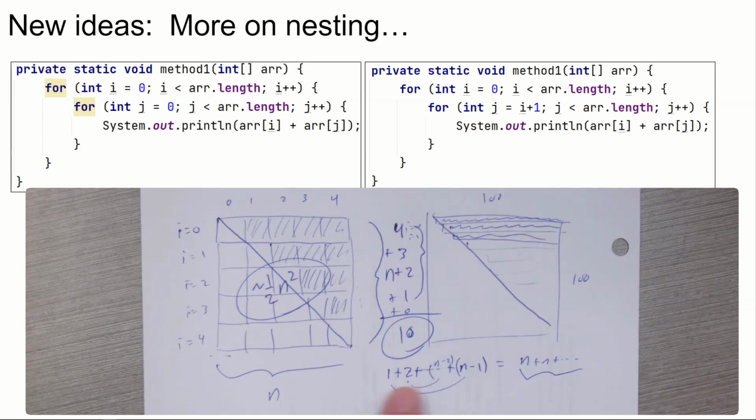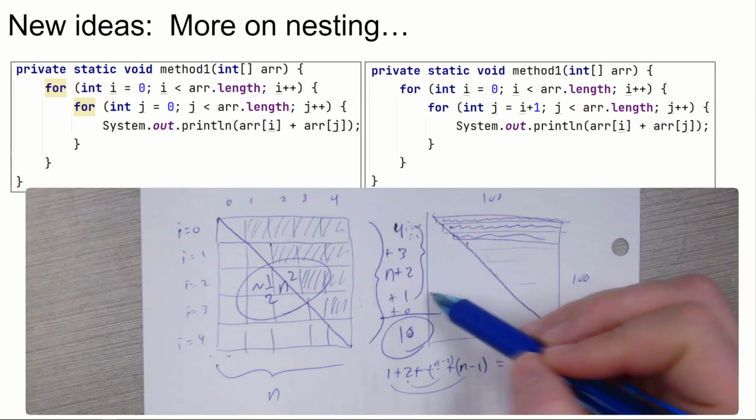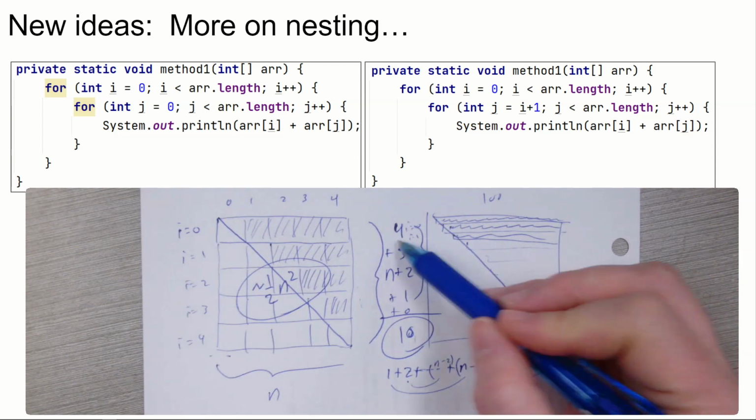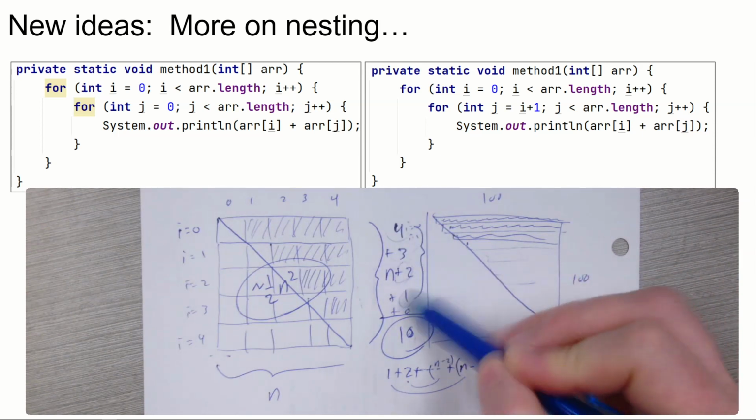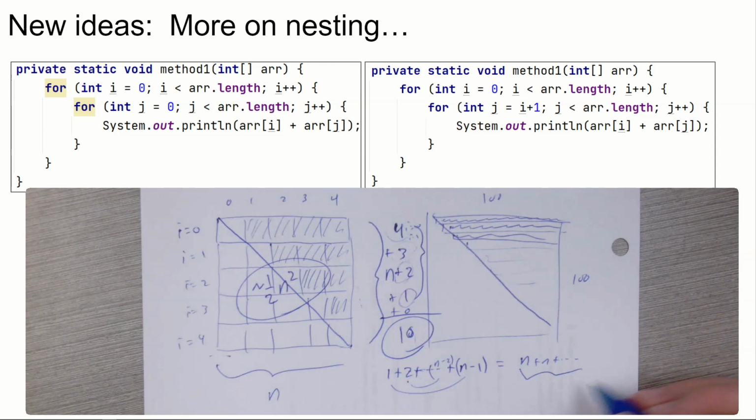Well, there were n total elements here. Nope, that's not right. We have n minus 1 elements, because with the array length 5, we would have covered 1, 2, 3, 4 of them to get down to 1. So we have the number n, and we have it for like 1/2 of the n minus 1 times, because we have n minus 1 total elements, but we're dividing them in pairs.